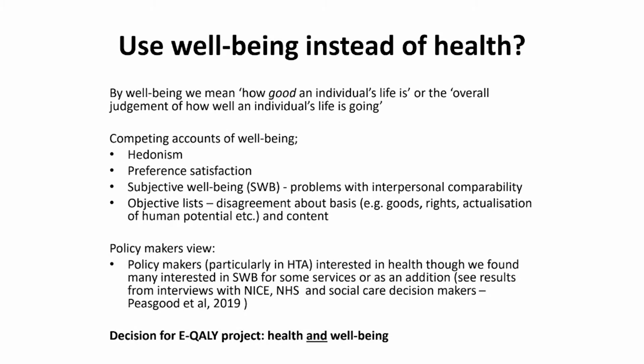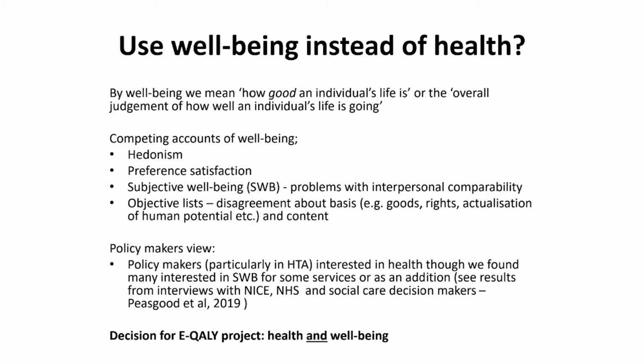Then we have preference satisfaction, much loved of economists, which is if somebody chooses something, that thing they've chosen must give them a higher level of well-being than what they didn't choose. Then we have subjective well-being, which is rather broader than hedonism in the sense it may include enjoyment and happiness, but tends to include a lot of other things around perhaps relationships, control, and so on.